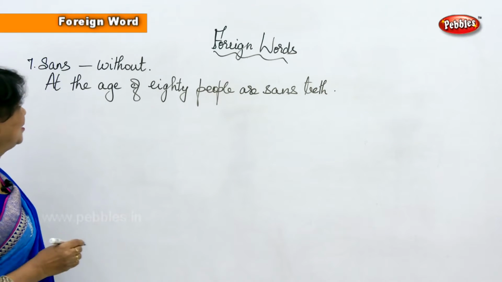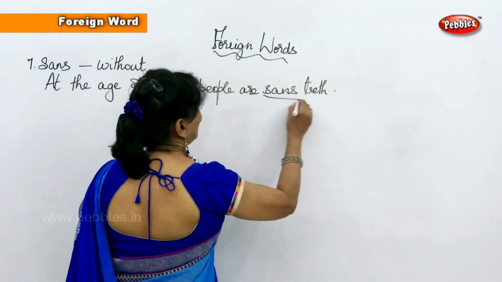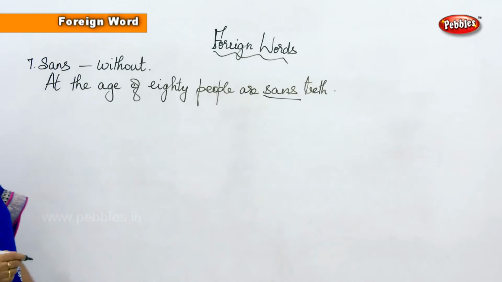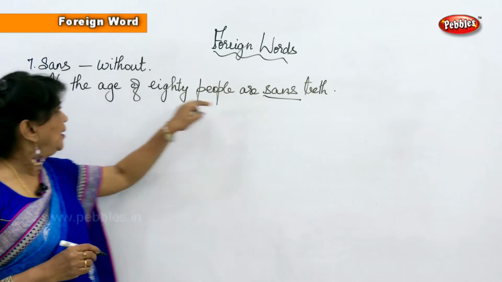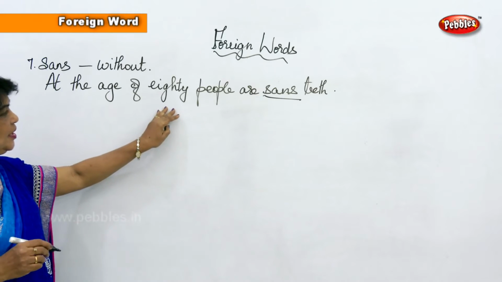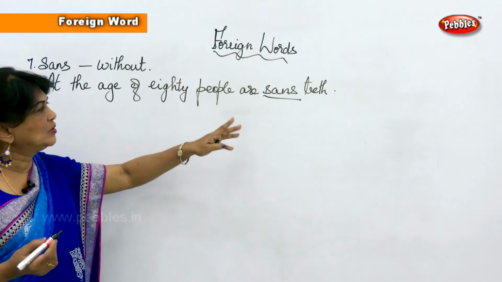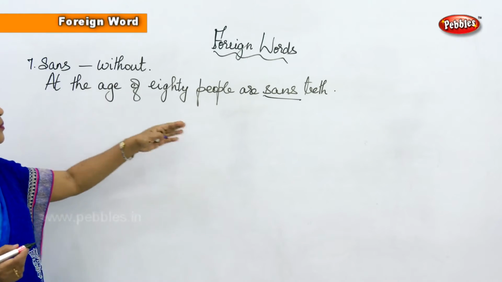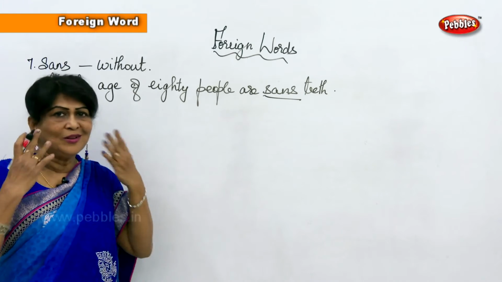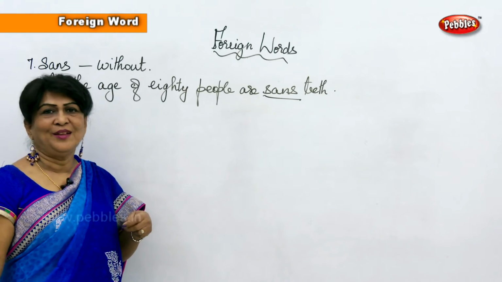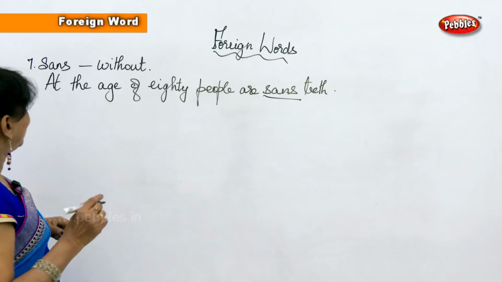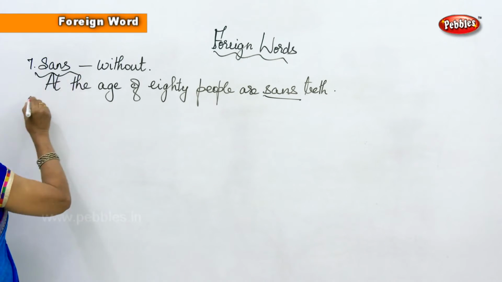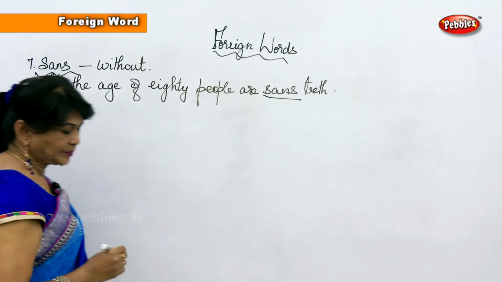Do you understand now what I meant with sans? S-A-N-S, S is silent, and at the age of 80, people become sans teeth or are sans teeth. That is, without, people are without teeth. All their teeth will fall away. Okay? Do you understand now what's the meaning of sans? Okay, next one.